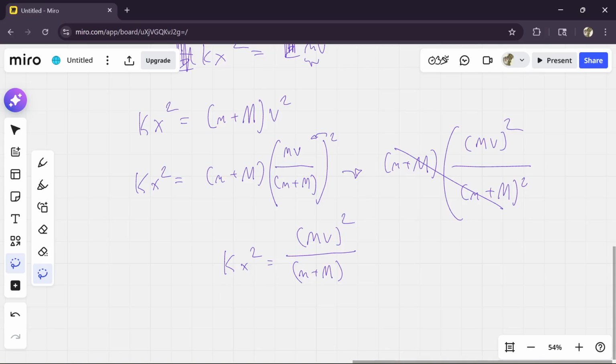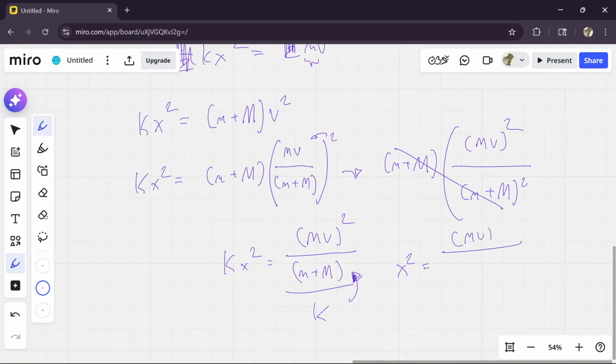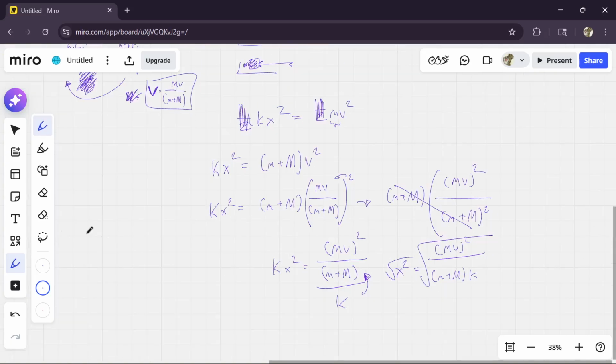I'll divide first. Yes, we'll divide by k, and so this will also be divided by k, so it's going to go up here. That's going to give us x squared is equal to mv squared over m plus big M times k, and then we're going to square root both of these.